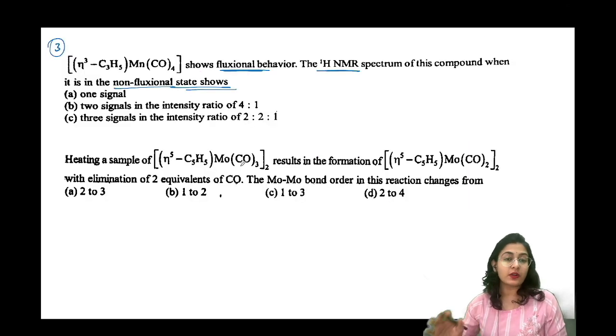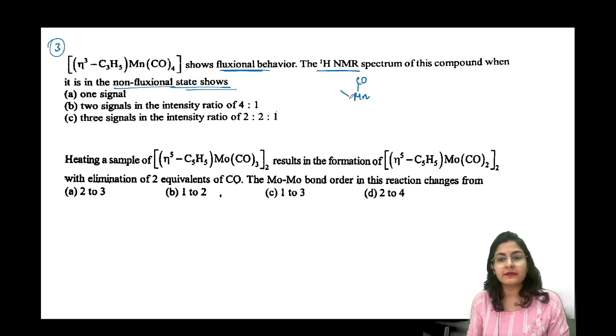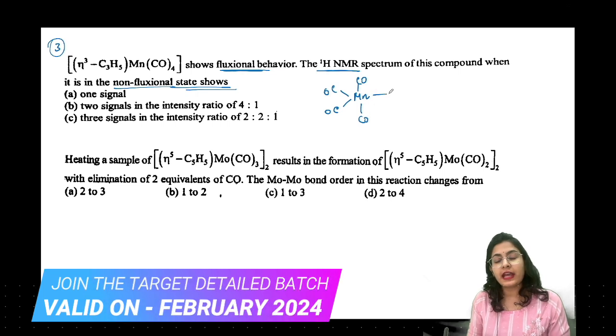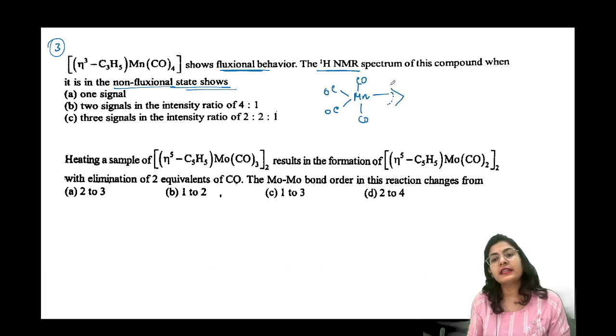The molecule is constantly changing. So when we are talking about eta 3 C3H5, what is this system? This is nothing but the allylic system. And what is this? Let's see. There are 4 carbonyls, and here it is connected in this way.